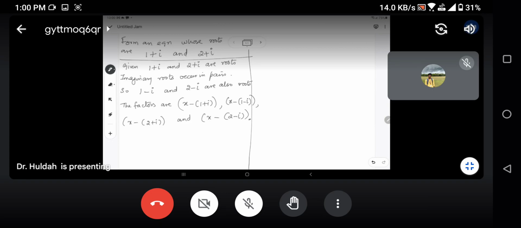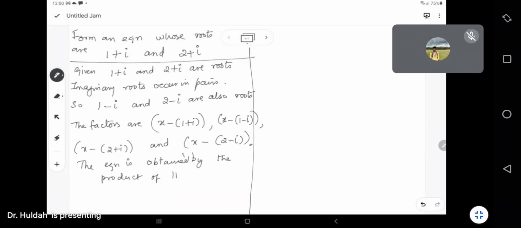When I want to write the equation, I write the product, multiply all these. So the equation is obtained by the product of the factors. Okay, so how do I write it? See, factors, I'm going to write this as (x minus 1 minus i). I'm taking the minus inside, so I'm getting it. That is one factor.